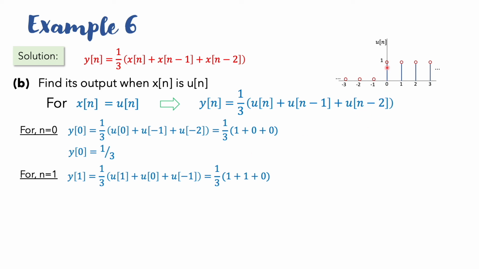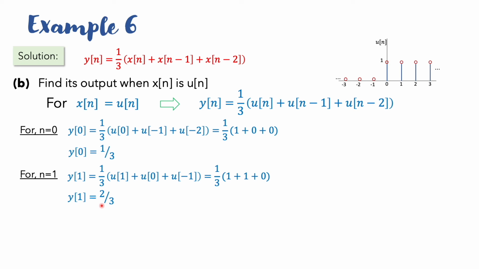So it will be this sample, this sample, and this sample: 1, 0, and 0. Sample at position 1, sample at position 0, and sample at position minus 1. We solve it, we get 2 over 3. So for n equal to 1, our output will be 2 over 3.